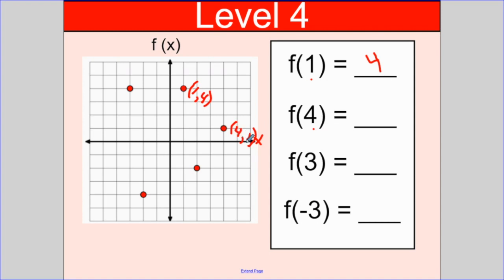So the point 4, 1, we can write as f of 4 equals 1. Now if we look for f of 3, we're going to come along our x and go over 1, 2, 3. Is there a point along this? There is not a point where x equals 3. So this does not exist.